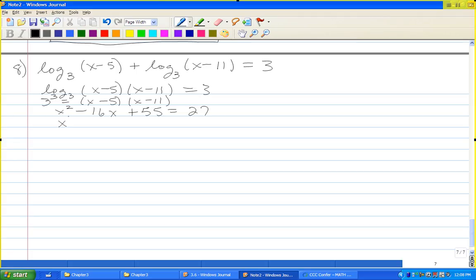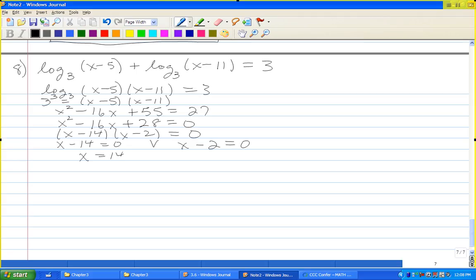Subtract 27 from both sides of your equation. Factor. You want two whole numbers whose product is 28 and whose sum is 16. Set each factor to 0 and solve for x.